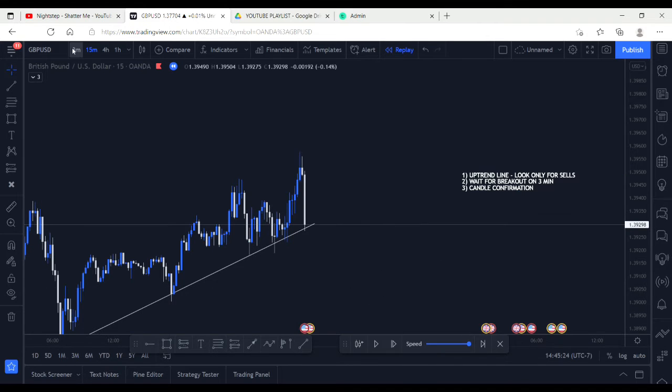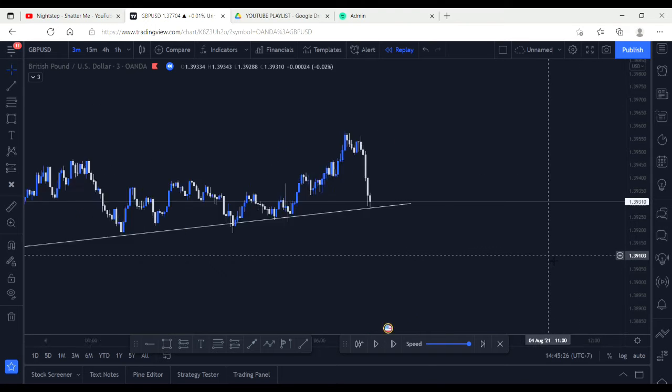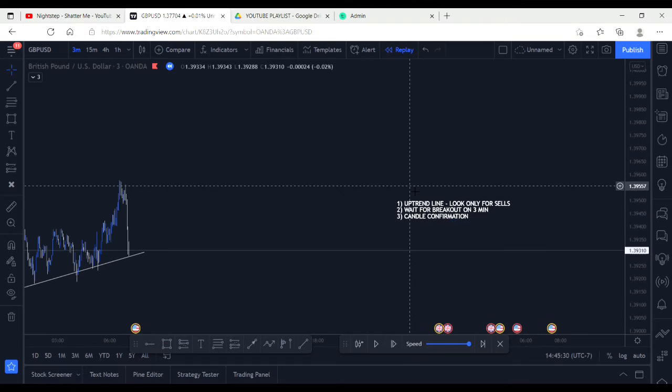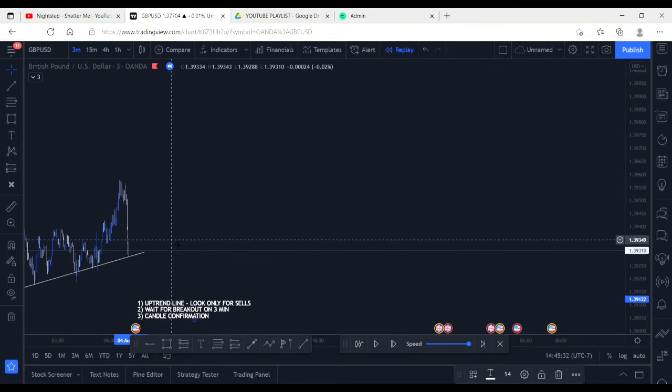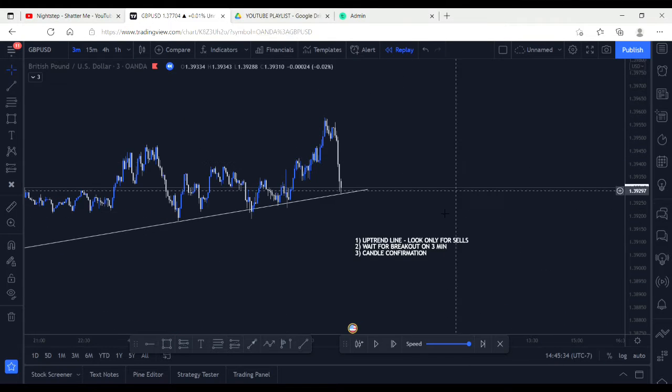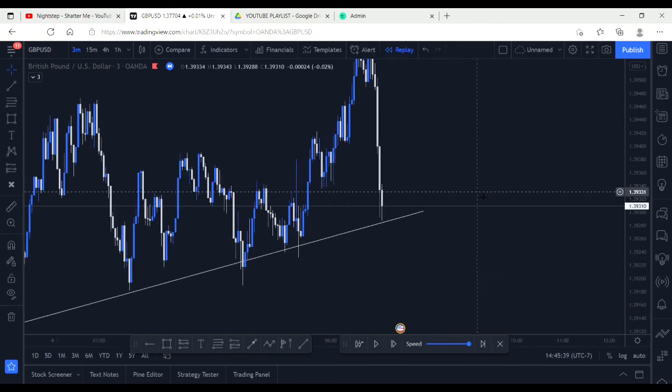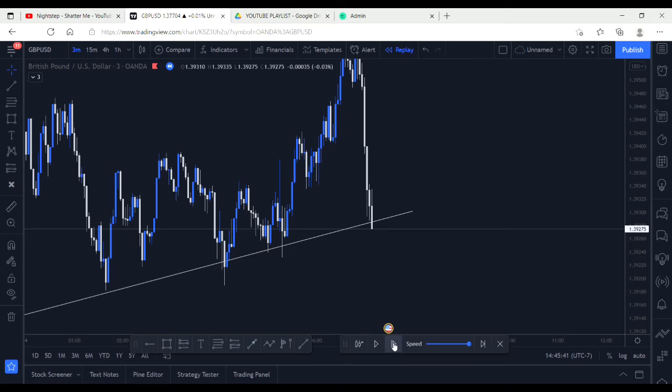Okay, so this is where we can drop down to the 3 minute and see how it looks. Let's just drag the text right down here, right on this side, and then see how price is going to look.